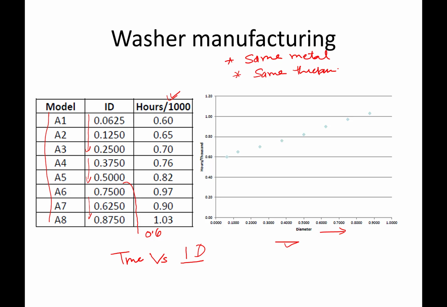So what is the relationship, and how easily can we develop the time to machine a washer of any other diameter in this range from 0.06 to 0.87? Okay, so in this range, if a washer of any other diameter is to be made, how do we get the time value for that?